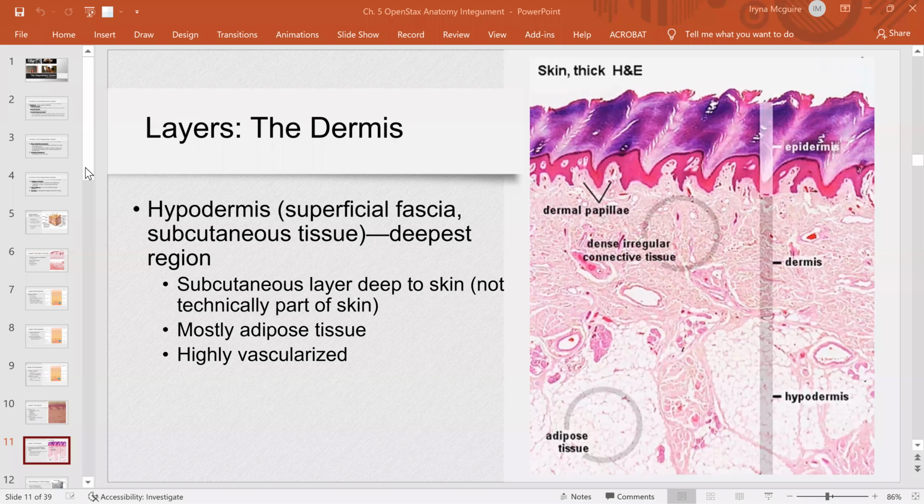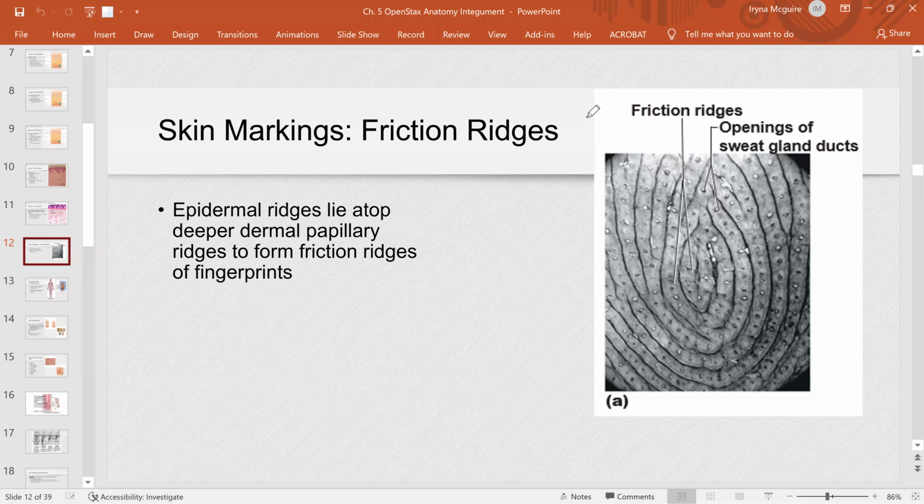Right, so let's look at some marks on your skin. So friction ridges, this is what you call your fingerprints and toe prints. Those are actually epidermal ridges that lie atop of deeper dermal papillary ridges to form friction ridges or fingerprints. So you remember we have our dermal papilla, right?